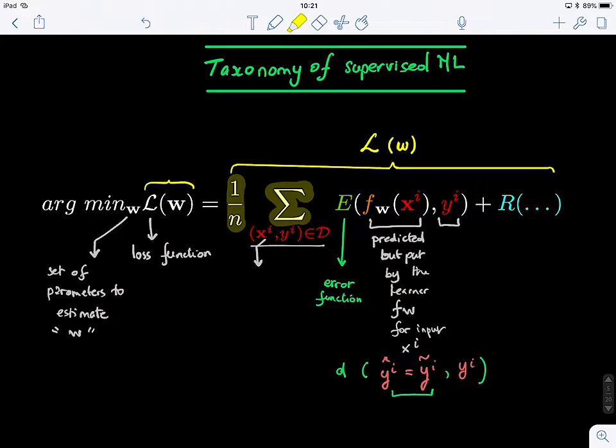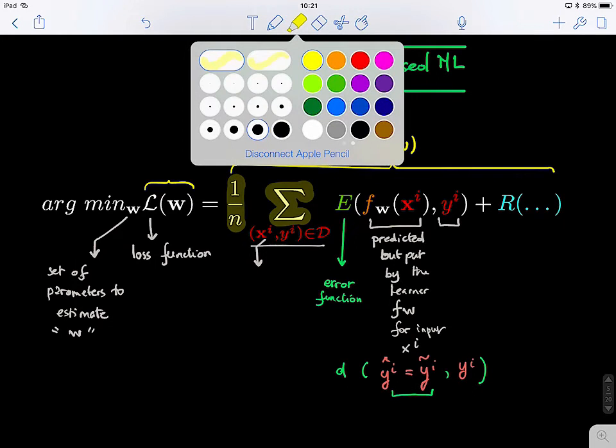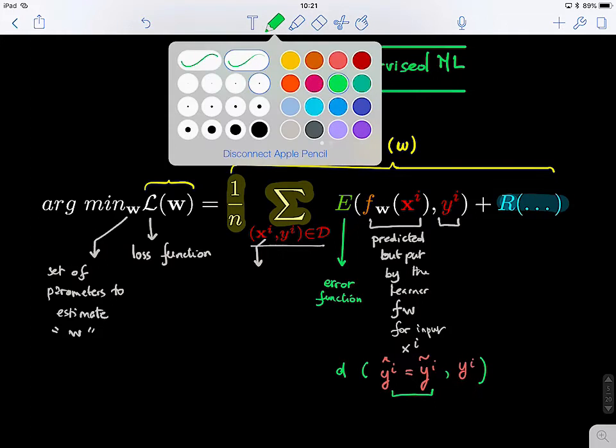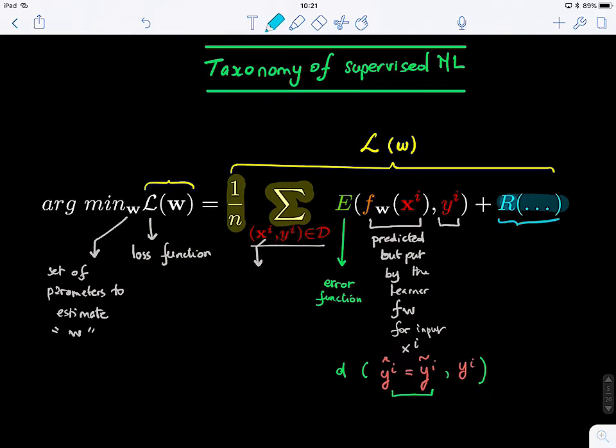Now we have an extra term right here. There is a reason for introducing it. I'll give you just a hint, and we're going to look at this term later in much more detail. But for today, this term is called a regularization term.